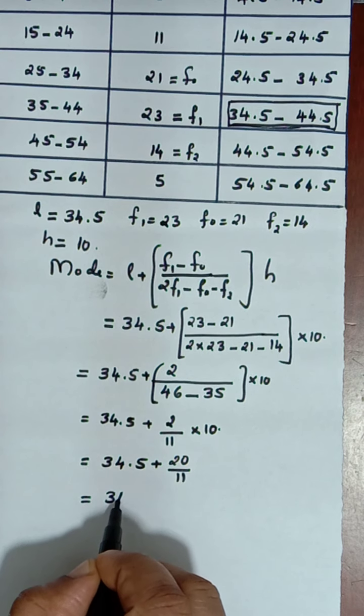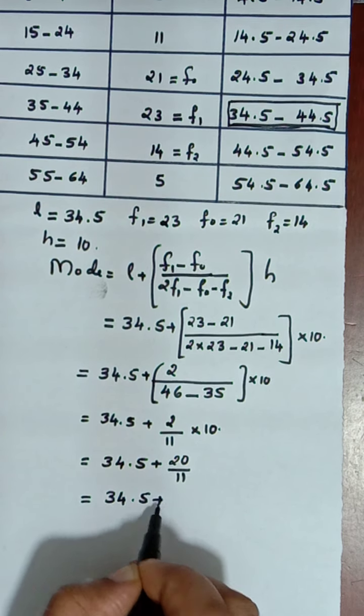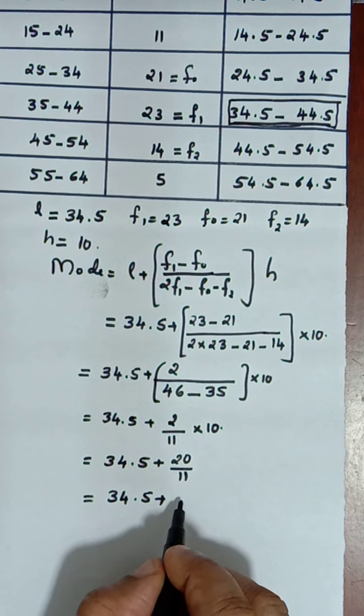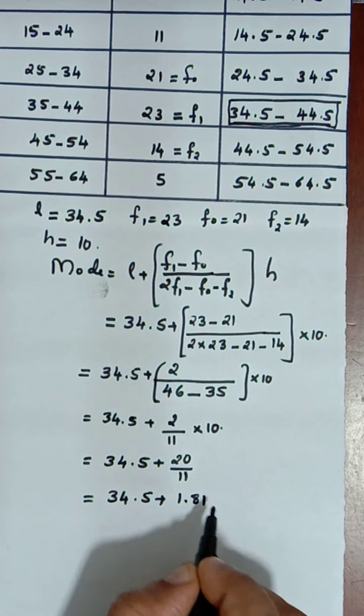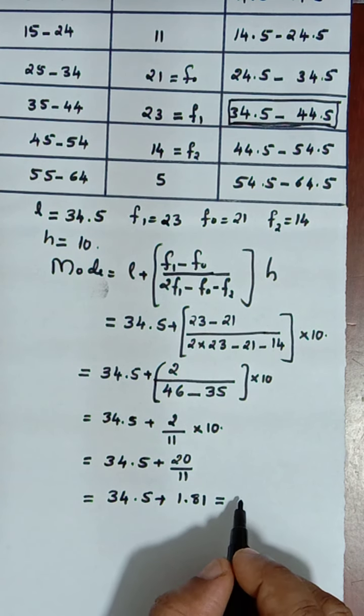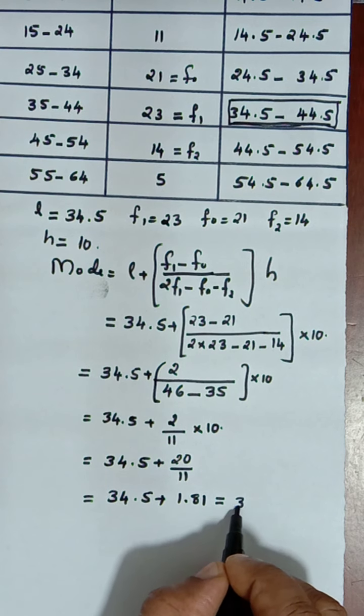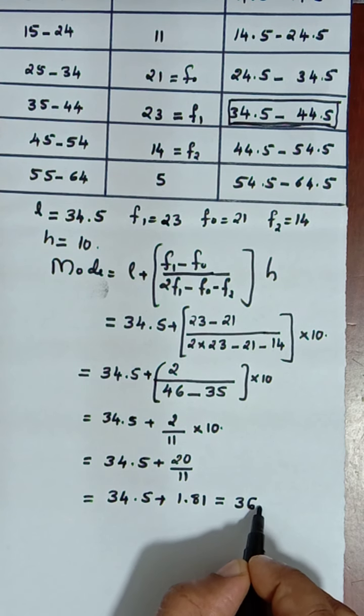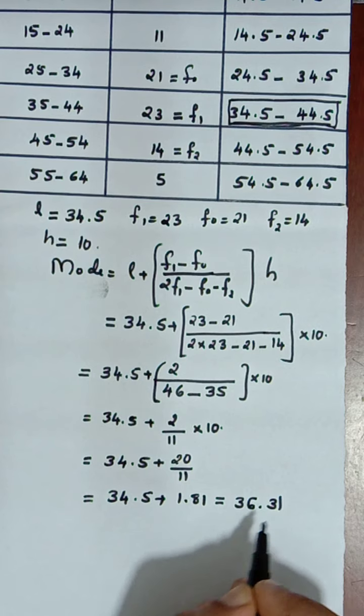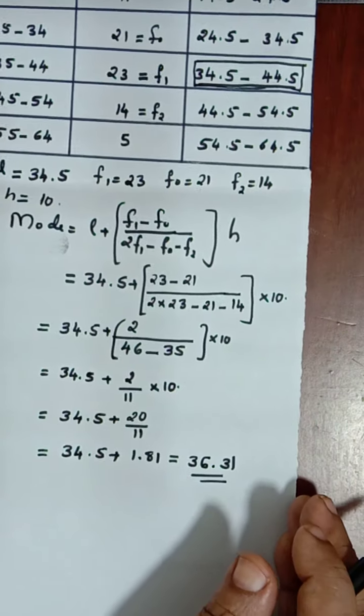So 34.5 plus 20 by 11. You find that you are getting 1.81. So the answer is 36.31.